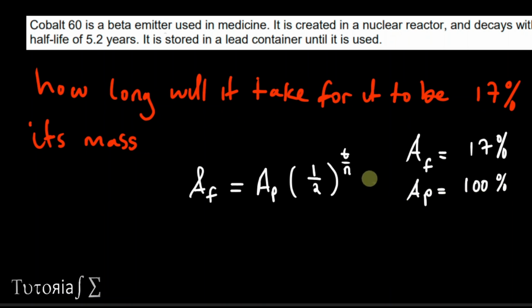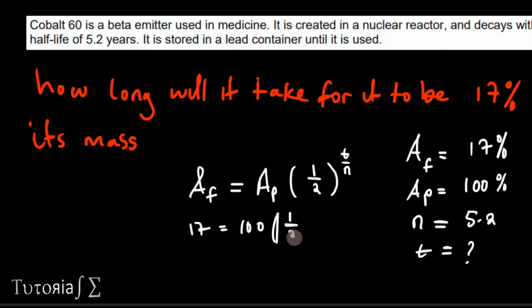Then we have been given the half-life, which is N. What is the half-life? 5.2 years. Then we are looking for time. So here on the percentages, you can just put AF as 17, equal to AP, which will be 100, then T is what we are looking for over N, which is 5.2.